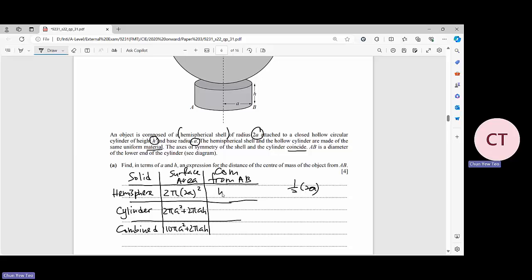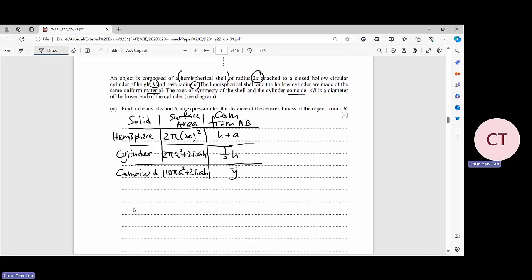Okay, so it's H plus A. Then as for the cylinder, since you have a symmetrical line, it will be half of the H. And this is the bar Y. Okay, so now we are ready to find the moment about the line AB.